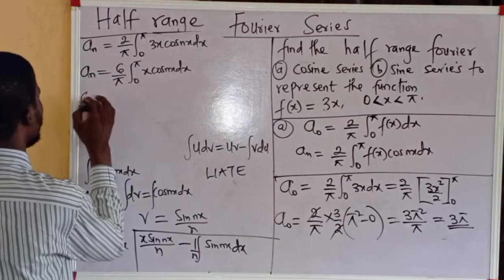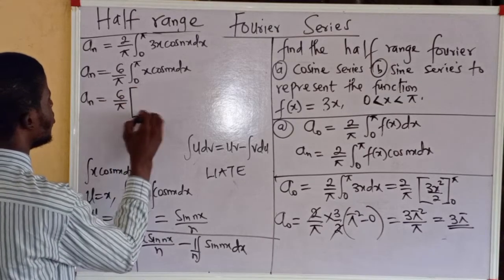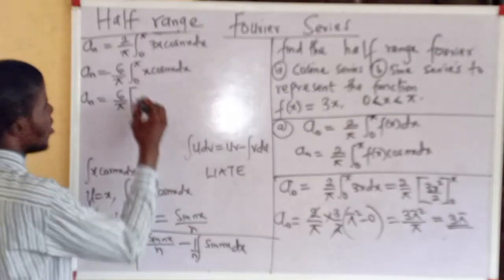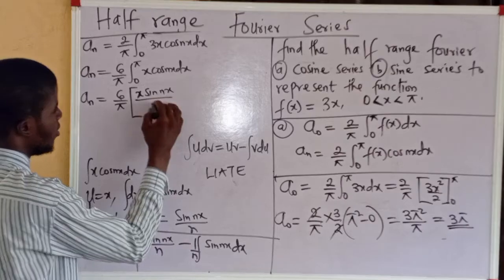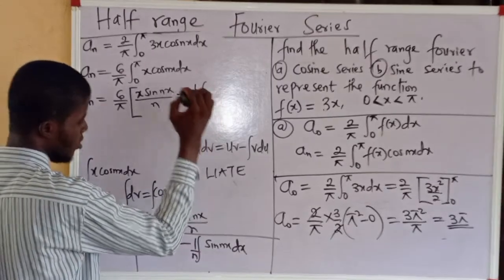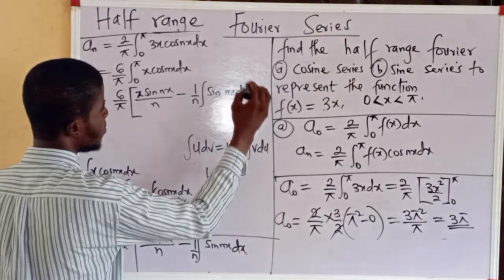This will now be a sub n equal to 6 over pi into, we have integrated x cos nx dx, and this is what it is: x sine nx over n minus 1 over n into the integral of what? Sine nx dx.